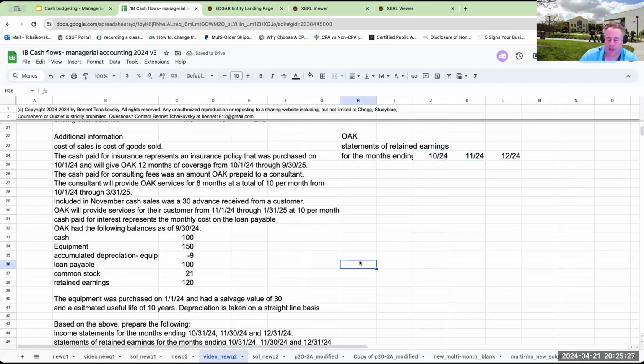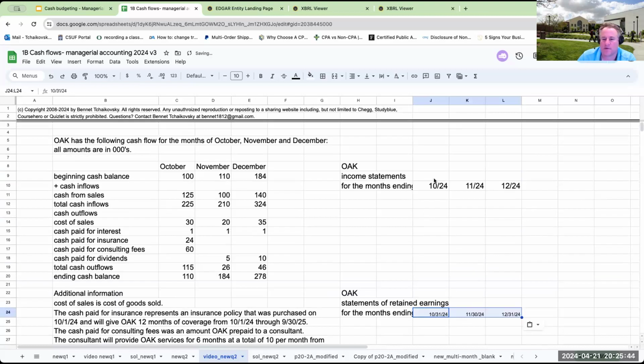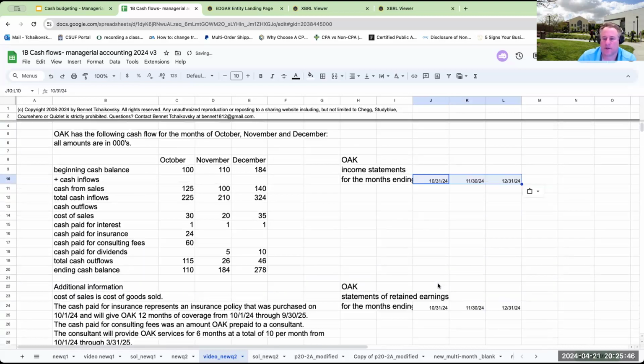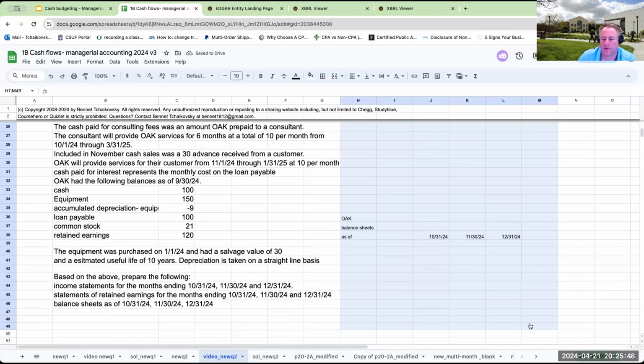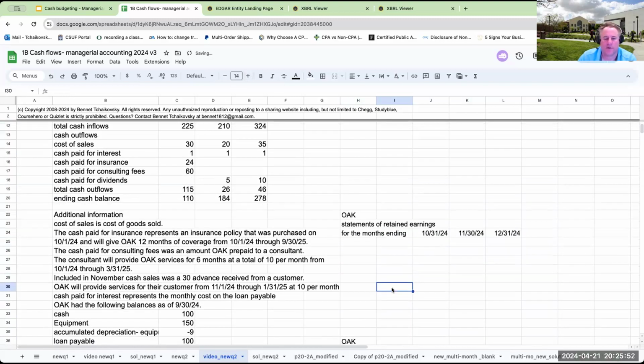And lastly, we're going to have Oak balance sheets as of 10/31/24, 11/30/24, and then 12/31/24. I'm actually going to go ahead and change these to make them a little bit more proper.